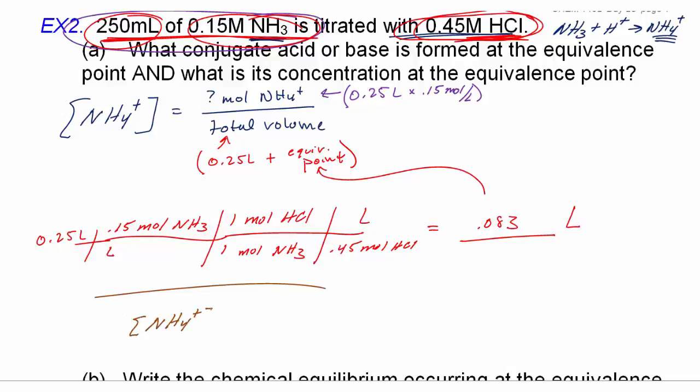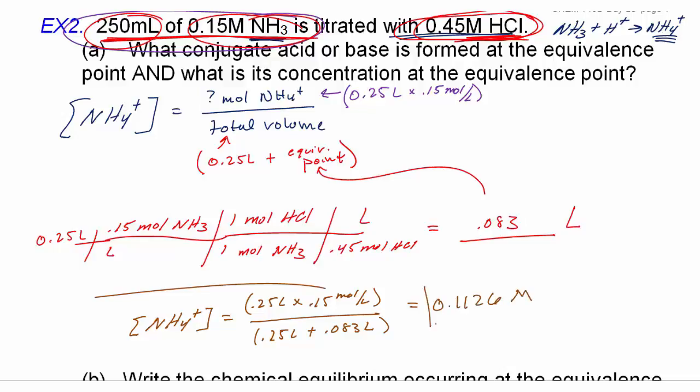Concentration of ammonium is going to be 0.25 liters times 0.15 moles per liter divided by 0.25 liters plus 0.083 liters. 0.25 times 0.15 divided by parentheses 0.25 plus 0.083 close parentheses equals 0.1126 molar.